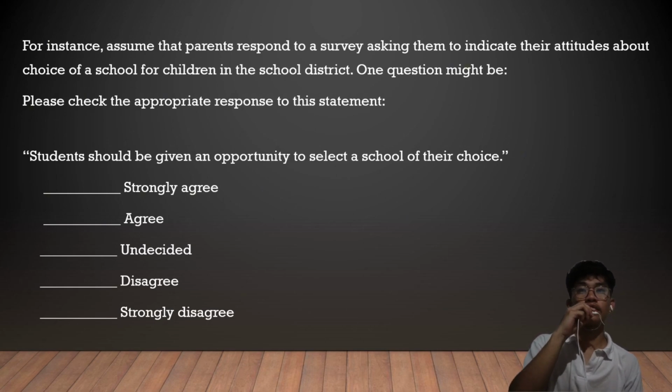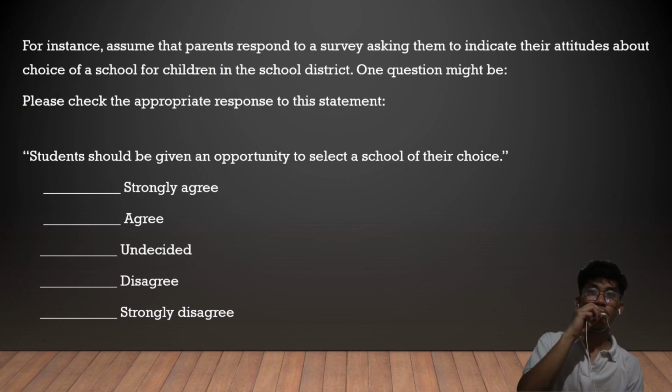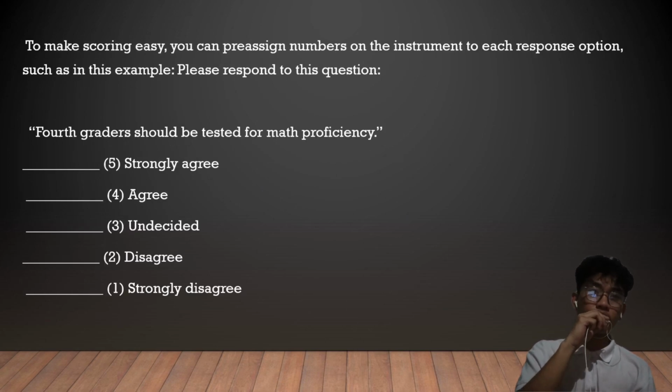Several guidelines can help in assigning numbers to response options. For continuous scales, you should consistently score each question using the same numbering system as in the example above. You should consistently score a scale such as strongly agree to strongly disagree as 5 to 1. To make scoring easy, you can pre-assign numbers on the instrument to each response option, such as in this example, where the question is, fourth graders should be tested for math proficiency.